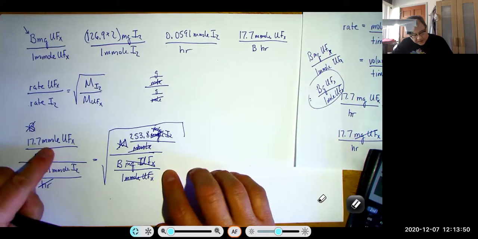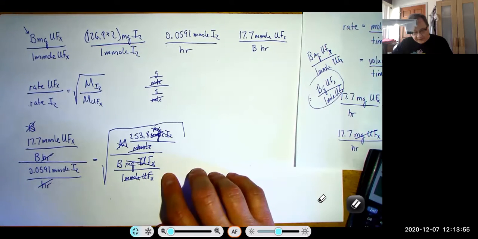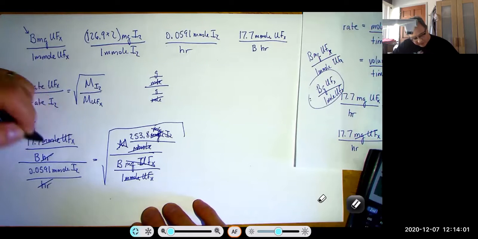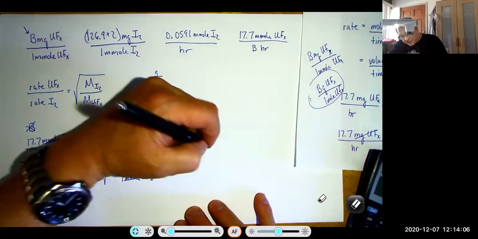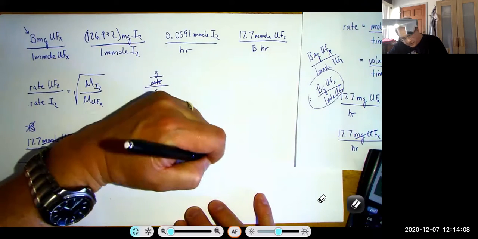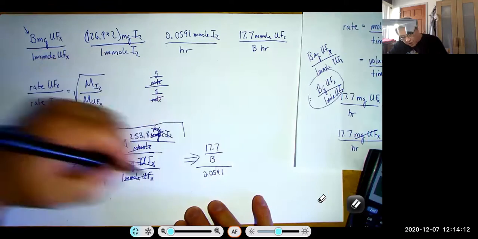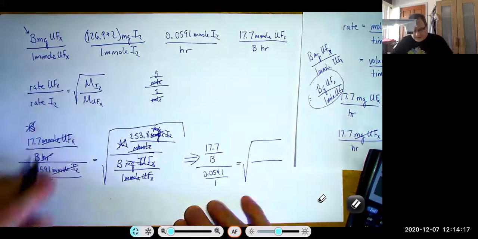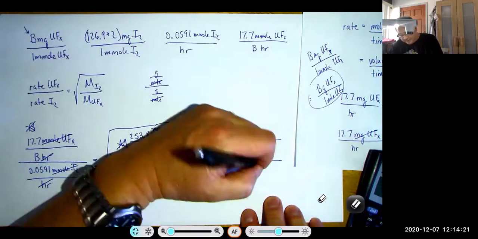And here, we don't want to cancel these millimoles out altogether. Actually, I think we can. We can cancel this millimole with that millimole. And this simplifies into 17.7 over B, all over 0.0591 over 1 is equal to the square root of 253.9 over B.